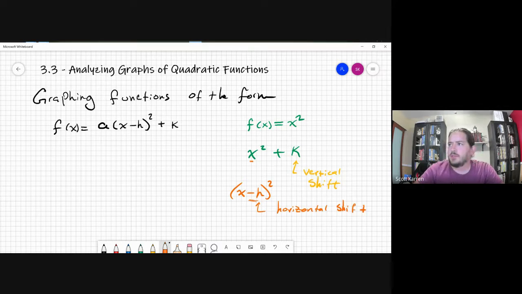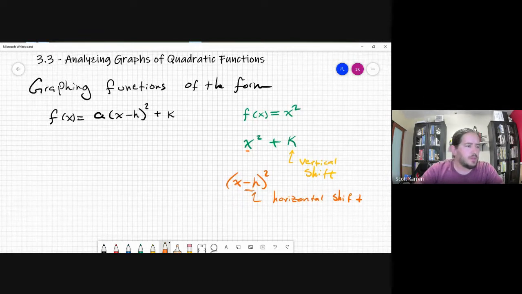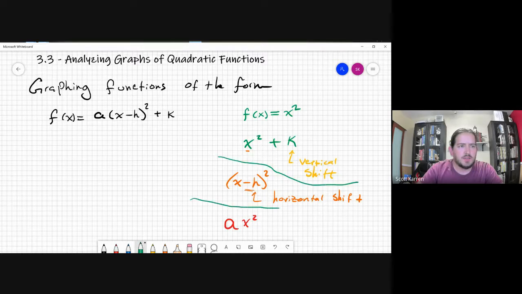And then if I have ax squared, right? So I'm looking at three different things here. I've got a vertical shift if I just add a k to it. I've got a horizontal shift if I subtract h inside the parentheses, inside the square.